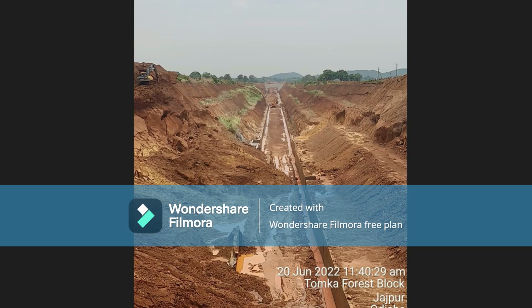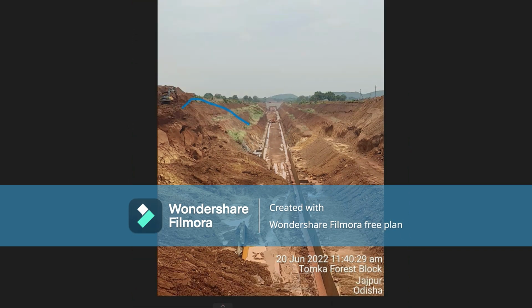Today, how slope failure happens, how it is constructed, and how to prevent slope failure. Here is the sliding and failure of the slope onto the railway track.